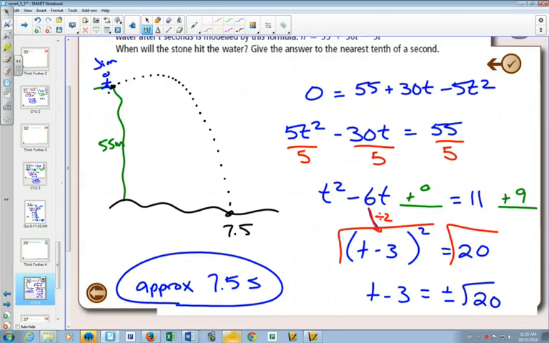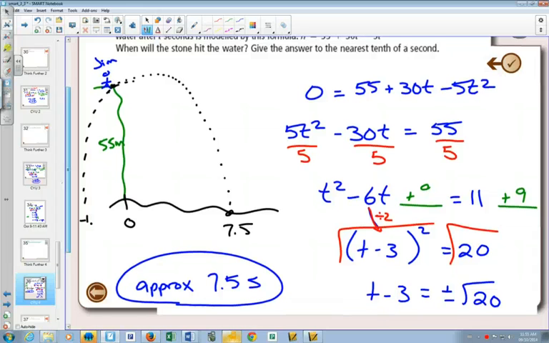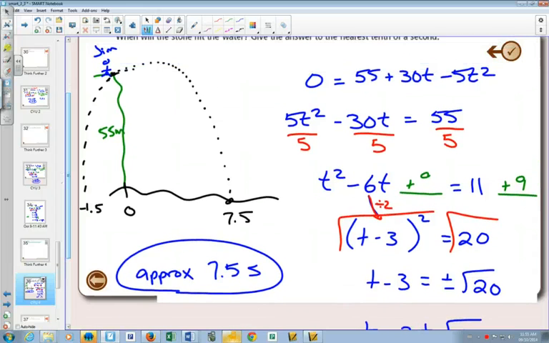The reason the calculator also told you a negative answer is it says if it was going along this path in the past, it would also hit the ground back there. This would have been at negative, because this is at 0 seconds. This would have been our negative 1.47, negative 1.5.